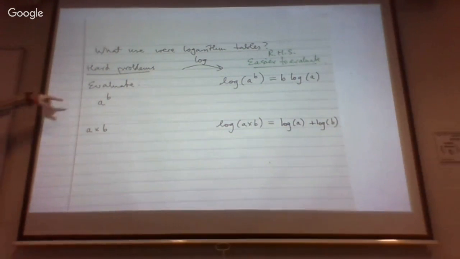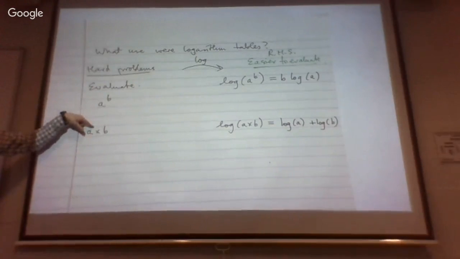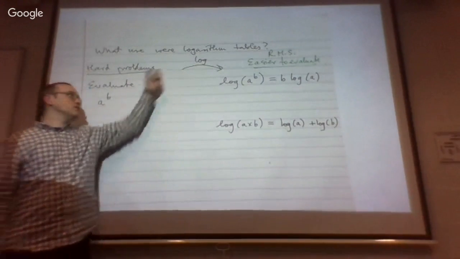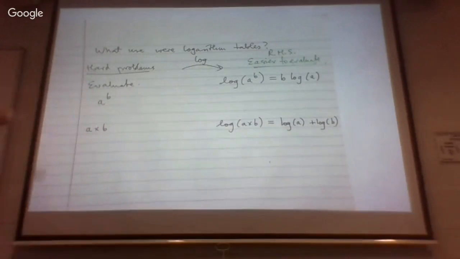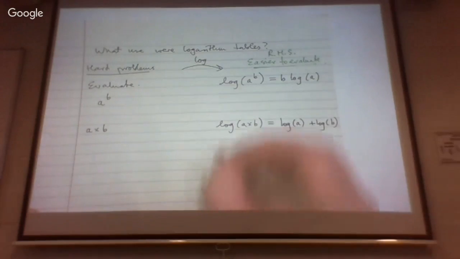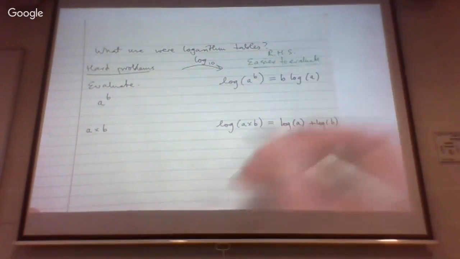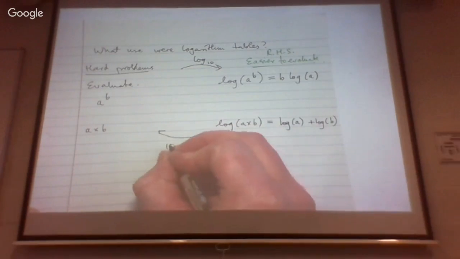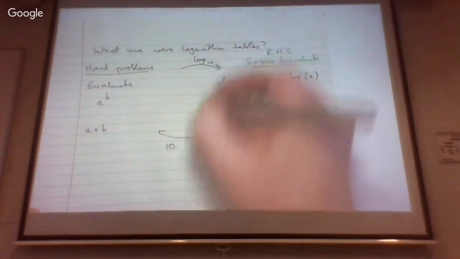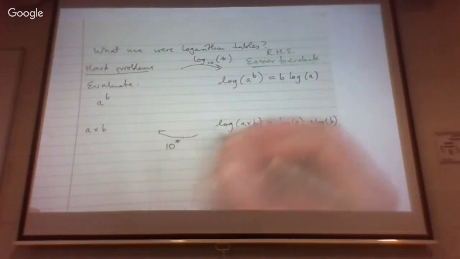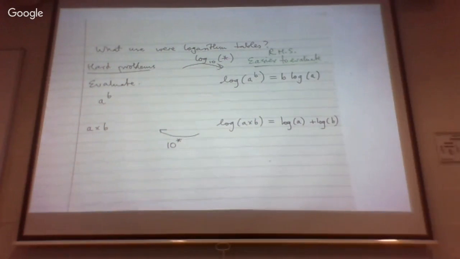But we want these quantities over here. So how do we get these quantities now? Well, we have to reverse the transformation. And the reverse of the logarithm transformation is the exponential transformation. So if this was log to the base 10, we go back, we do the function 10 to the power of whatever the argument is.